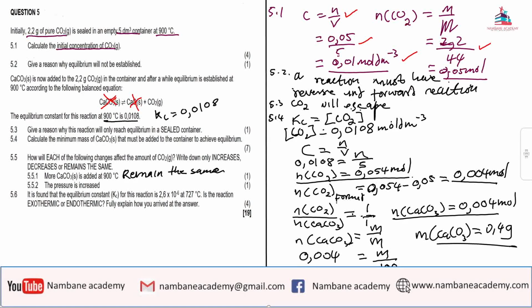The pressure is increased. And we said pressure is for only gases. So if the pressure is increased, what will this mean? It means that the concentration of CO2 will decrease.